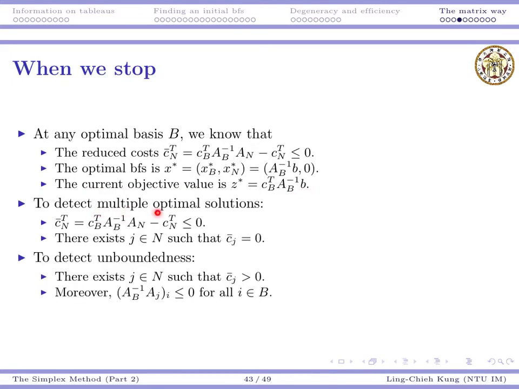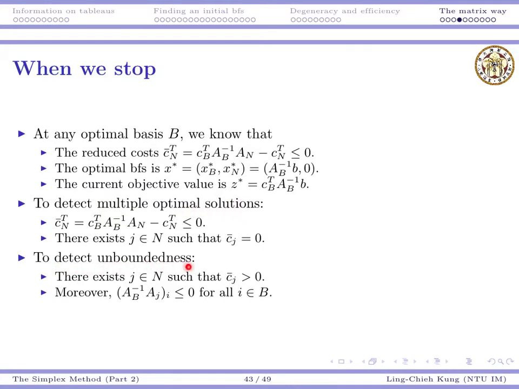If there are multiple optimal solutions, what we're going to see is that first, the current solution is optimal, just like this one. And there exists J such that C bar J is 0. There exists one non-basic variable whose reduced cost is 0. And that tells us there may be multiple optimal solutions.